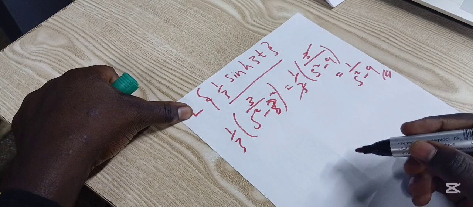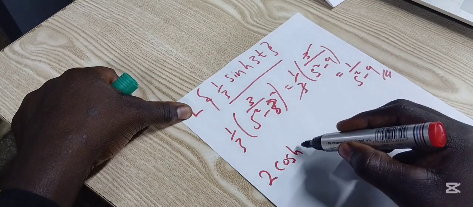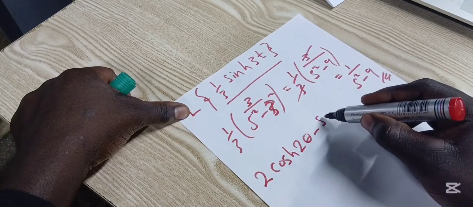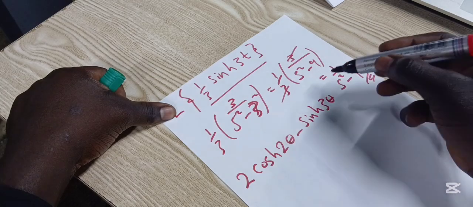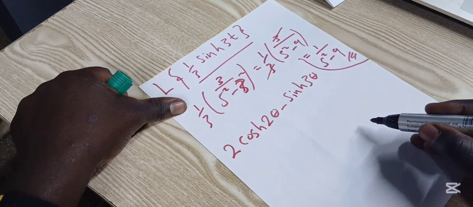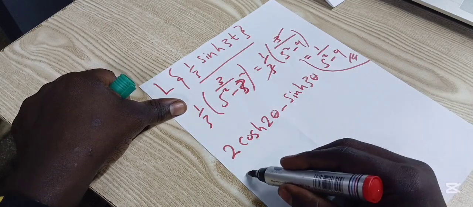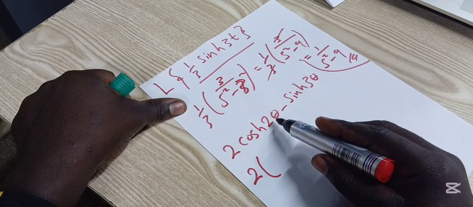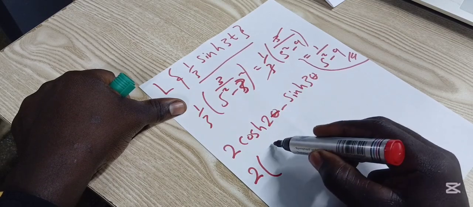Find the Laplace transform for 2 cosh 2 theta minus sinh 3 theta. How do we solve this problem? We see that we have 2 here as a coefficient. So let's bring 2 out into bracket. Cosh 2 theta, in this case our a is 2.